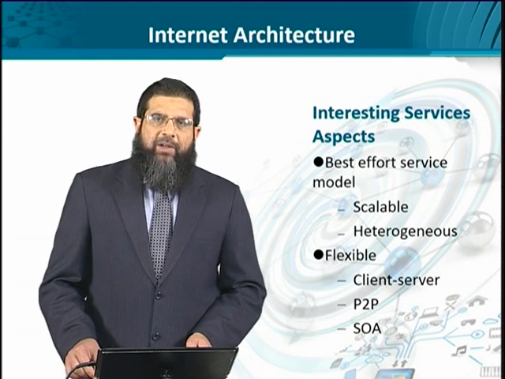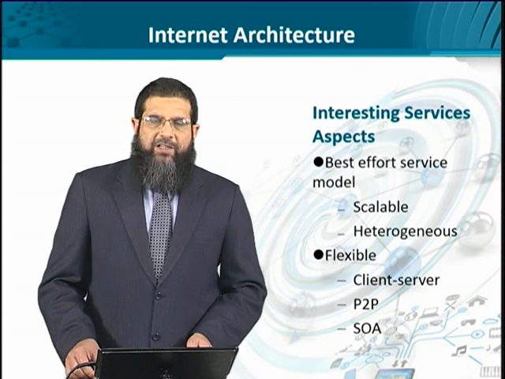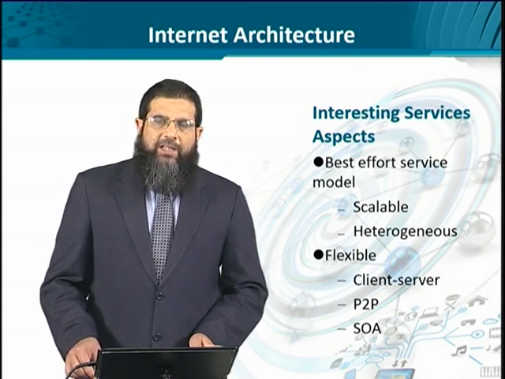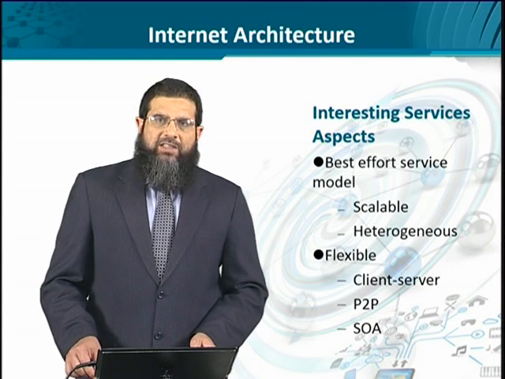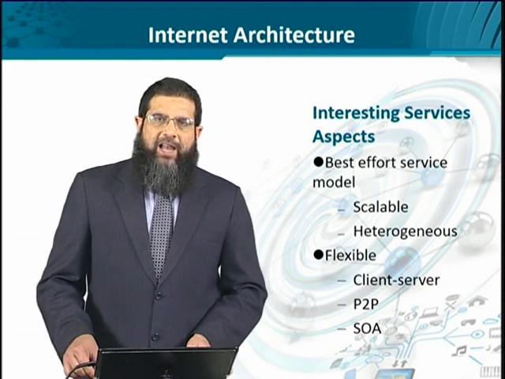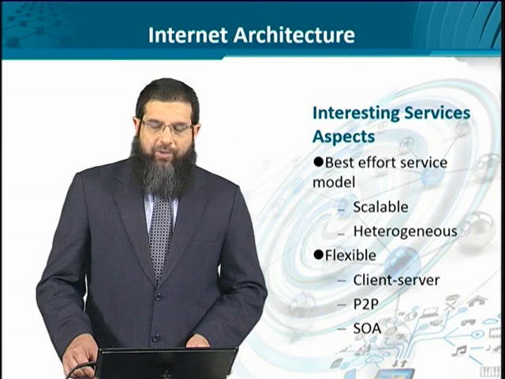And the type and nature of these devices could vary, which means that the internet architecture is heterogeneous. Please note that these are the pluses. In fact, these are the strengths of the internet architecture that help it to eventually emerge as the dominating candidate for next-generation networks.